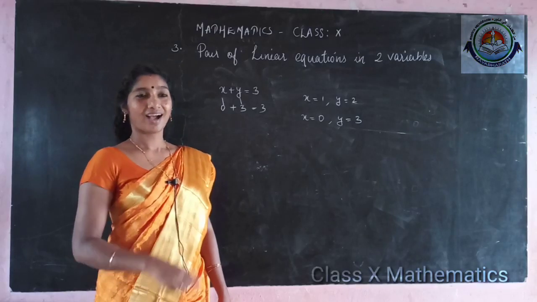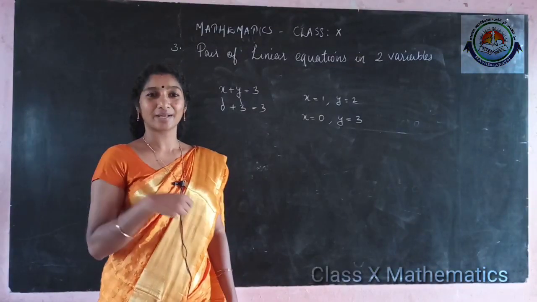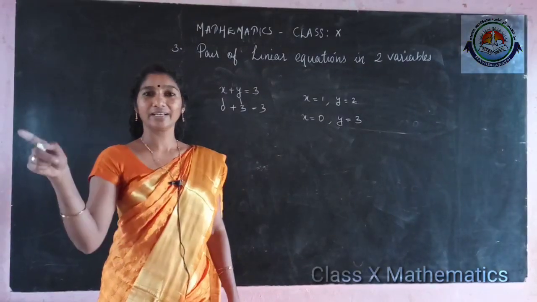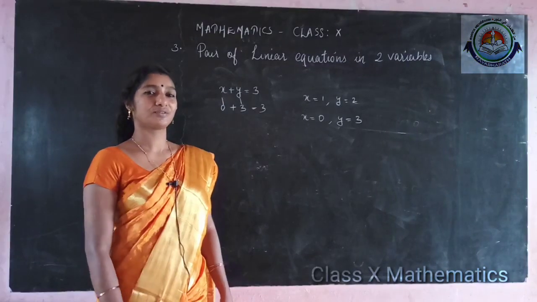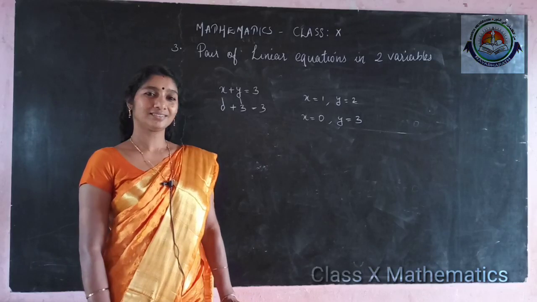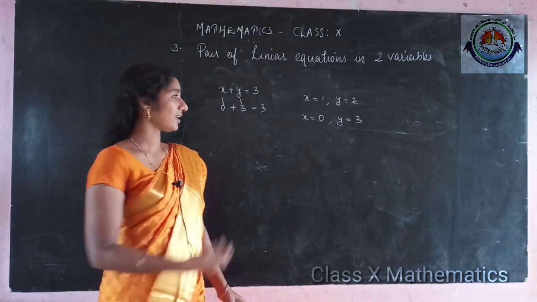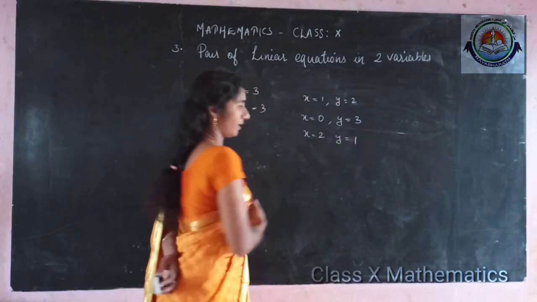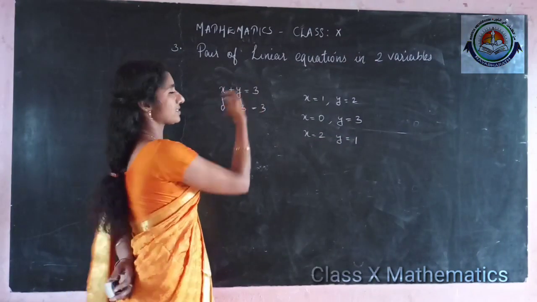Like this, how many solutions? All of you can say some solutions. If you all tell different solutions, I will get 34 solutions. Only 34 solutions? No, you can say some more. When x equal to 2, y is equal to 1, because 2 plus 1 is 3.